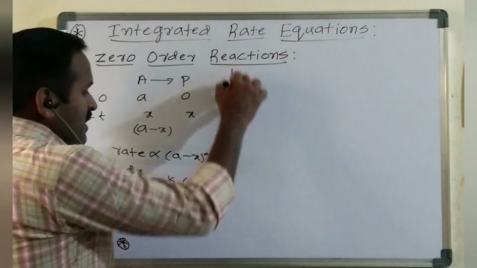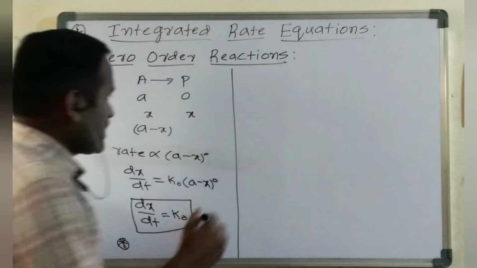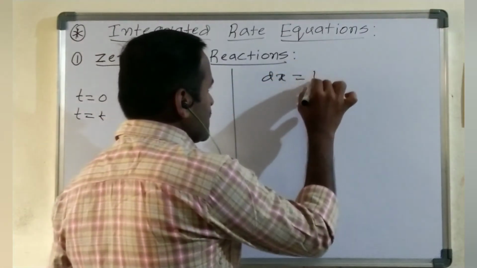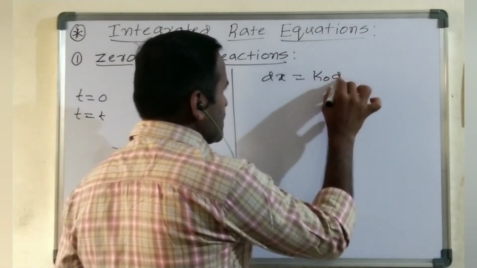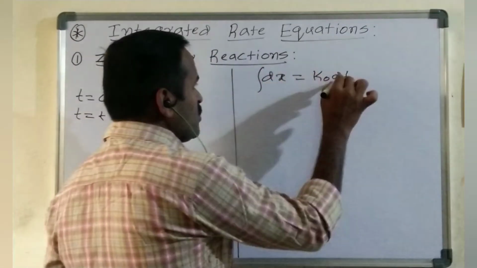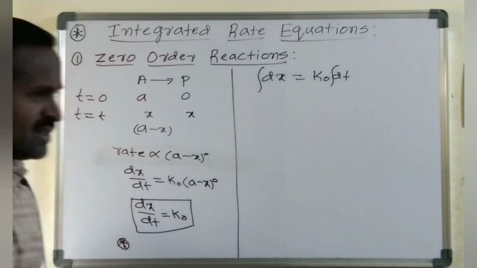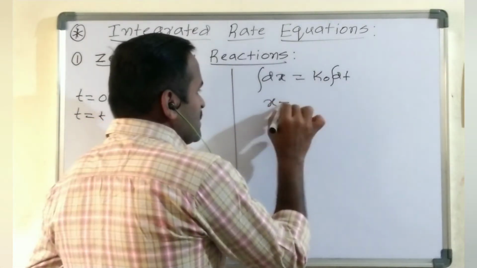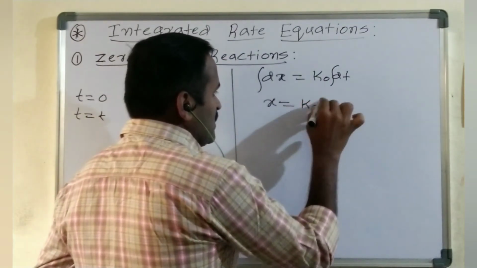If we take dt to the other side, I will get dx equals k naught into dt, and integrating both sides with respect to 0 to t and 0 to x, we will get x equals k naught into t.